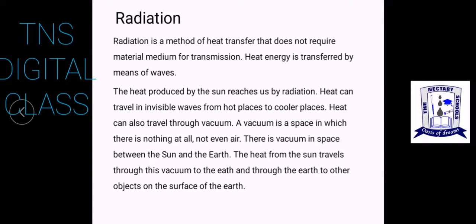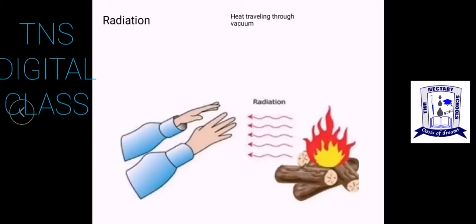It is the third process or method of heat transfer, and it is the only one that does not require a material medium for the transmission of heat. Look at this diagram. This is firewood burning and generating a lot of heat.